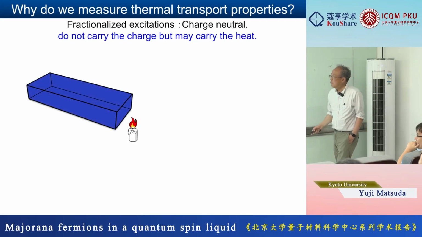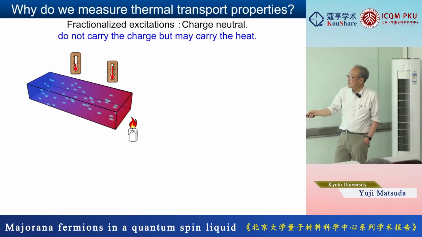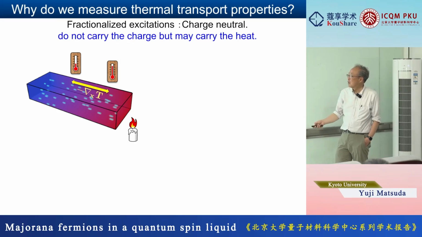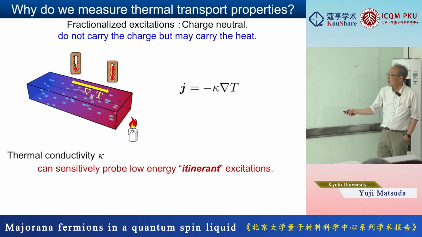If you heat up one side of the crystal, a temperature gradient may appear because the quasi-particles can carry the heat. Then the temperature difference may appear along the longitudinal direction. This is the thermal conductivity. Thermal conductivity can sensitively probe low energy itinerant excitations. It cannot measure localized excitations.